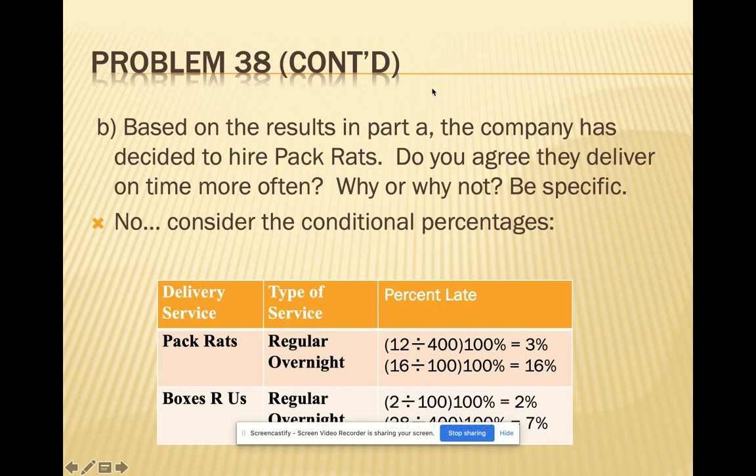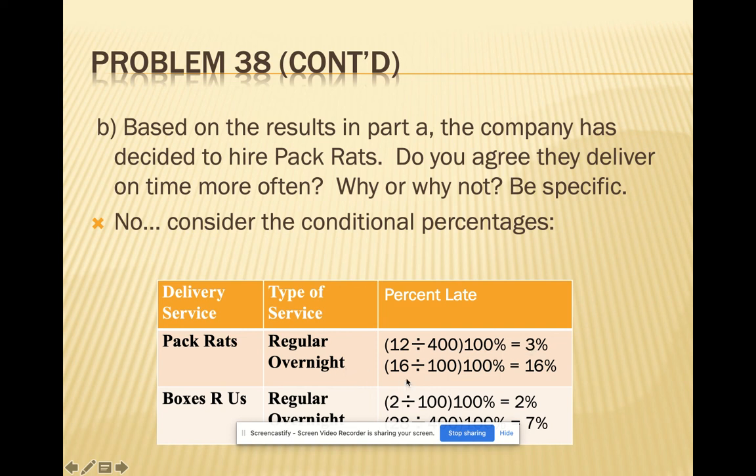All right, if you break the data down and do the conditional distribution for the different types of service, among the regular packages, Pack Rats had 12 out of 400 that were late. So 12 divided by 400 times 100% is 3%.